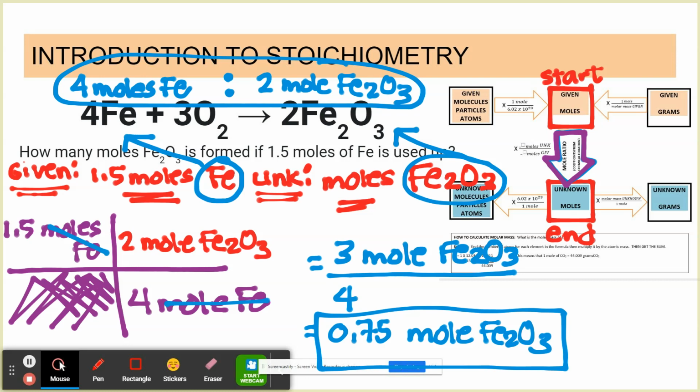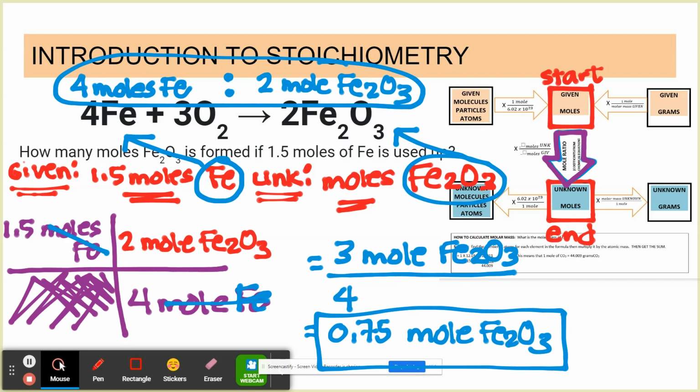For the mole ratio, the unknown formula always goes on top, and the given formula always goes at the bottom. So again, the unknown formula always goes on top. Given formula always goes at the bottom. So look, what's our given? Fe. That's why Fe is at the bottom. You see it?